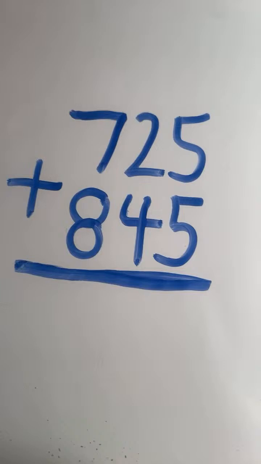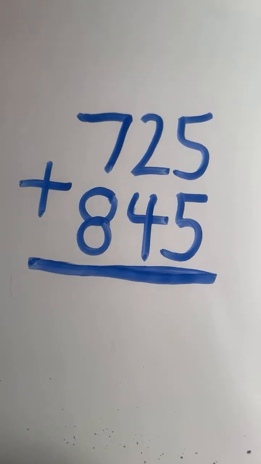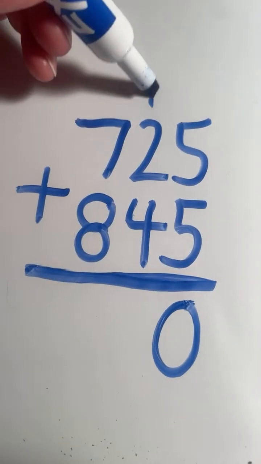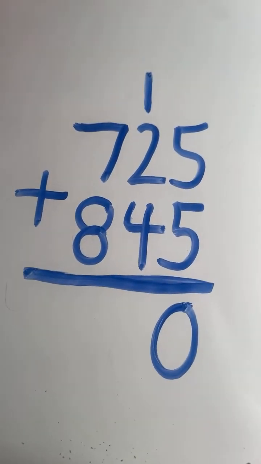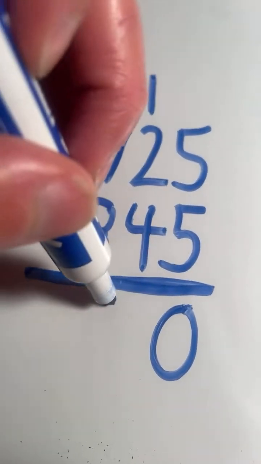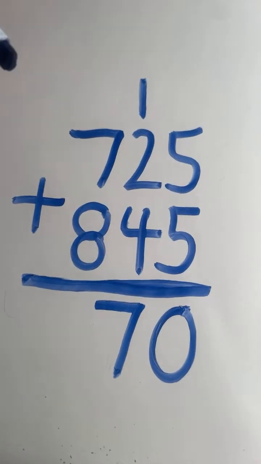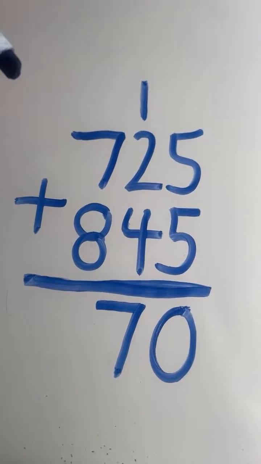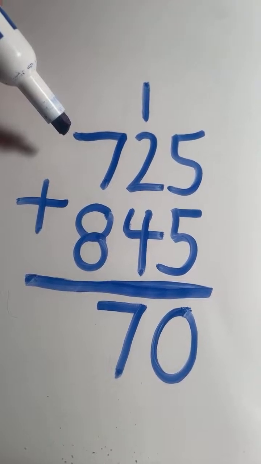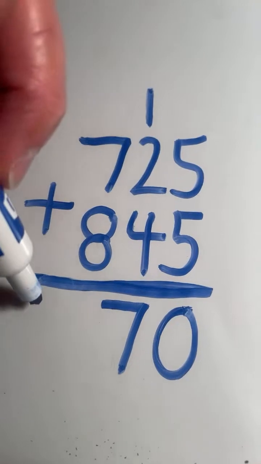725 plus 845. So we start in the ones place. 5 plus 5 equals 10. 0. Carry the 1. 2 plus 4 equals 6. Plus 1 equals 7. 7 plus 8 equals 15.